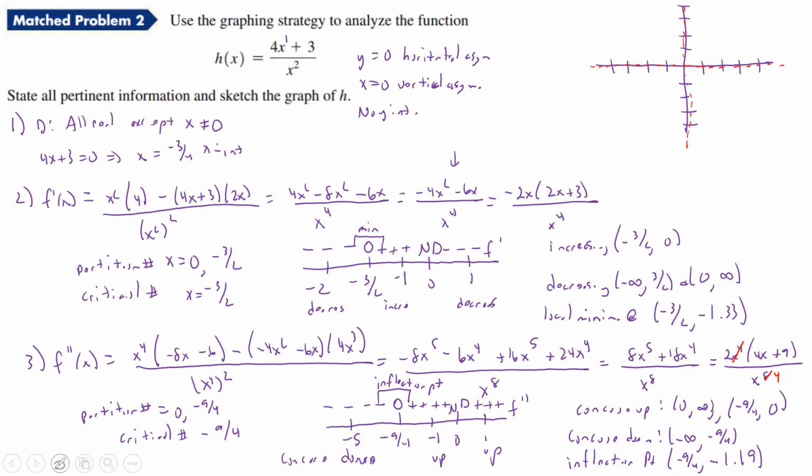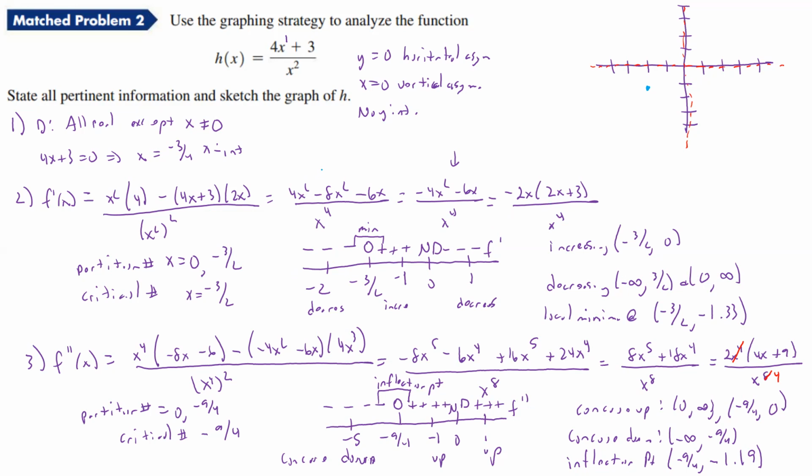So now let's draw in some points and stuff that we know. All right, what do we know? Well, we know that inflection point is -9 fourths, -1.9. So somewhere maybe here. We also have -3/2.